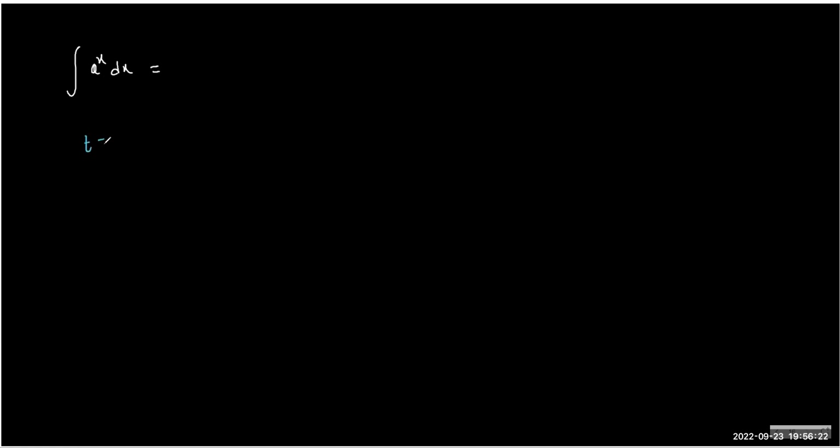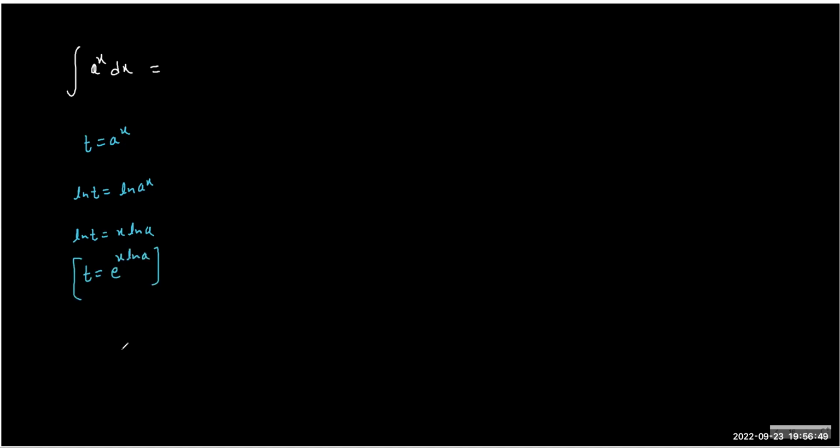Let's say I choose t equals a power x. If I take ln on both sides, ln t will be x ln a. Now because ln means exponential, t we can write as e power x ln a.